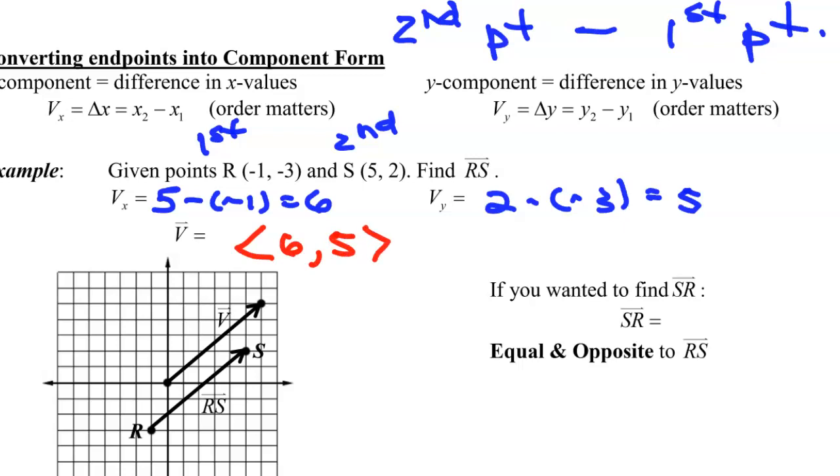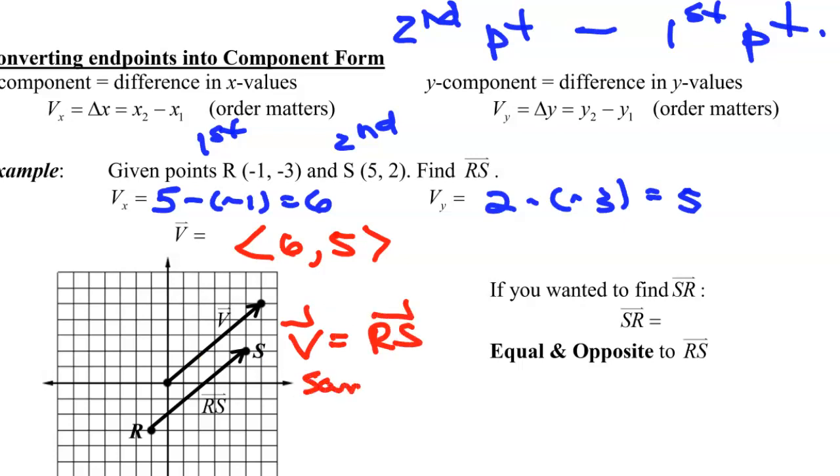Okay. If you look at my diagram, RS with the 2 points on the graph, I draw the vector from R to S, and when I'm done, I've got vector V, and if you notice, vector V is equal to vector RS.